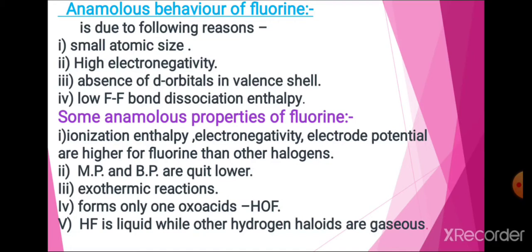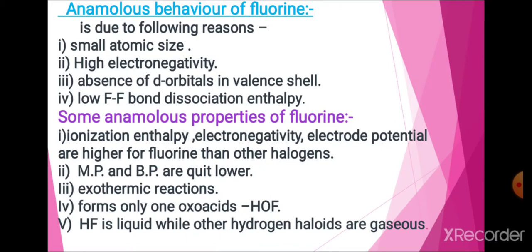Then second is the ionic and covalent radii, melting point, boiling points and electron gain enthalpy are quite lower than expected values that are observed in the group. Then third is most of the reactions of fluorine are exothermic due to it forming very short and strong bonds with other elements.